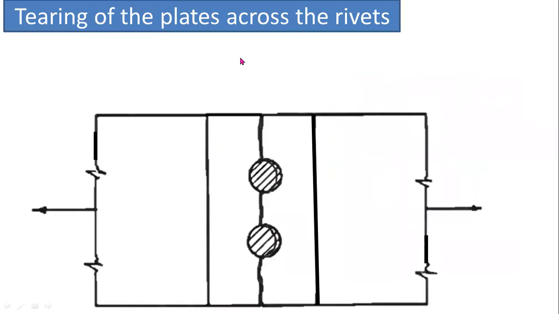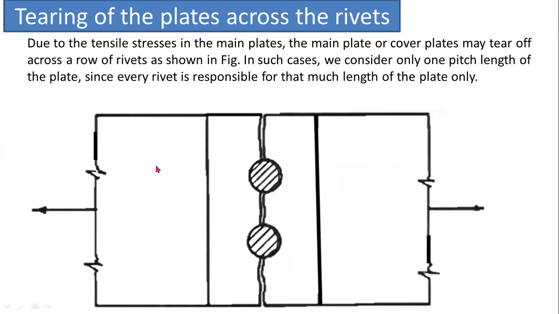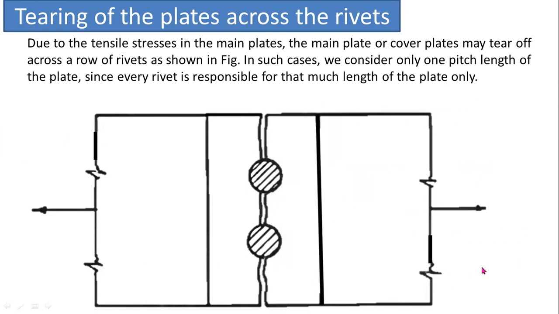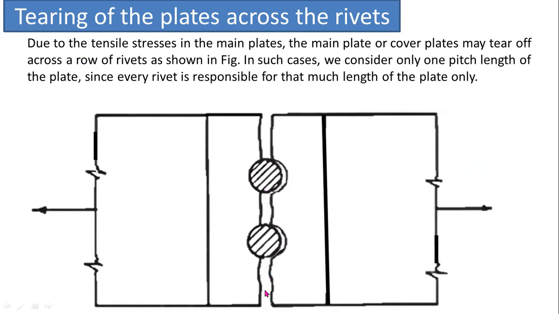The second failure is tearing of the plates across the rivets, due to the tensile stresses in the main plates. The main plate or cover plates may tear off across a row of rivets as shown here.